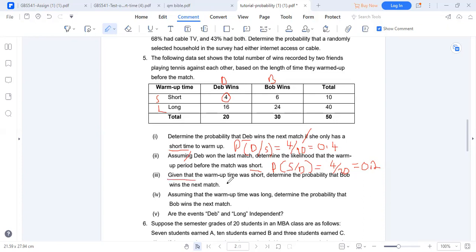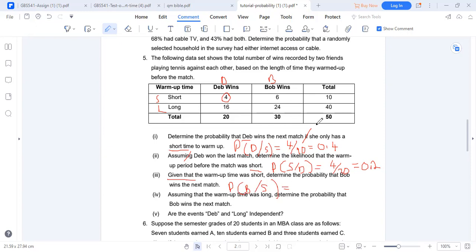Given that, you just put a slash. So given short, determine the probability that Bob wins the next match. So it's Bob given short. I've given you the notation.